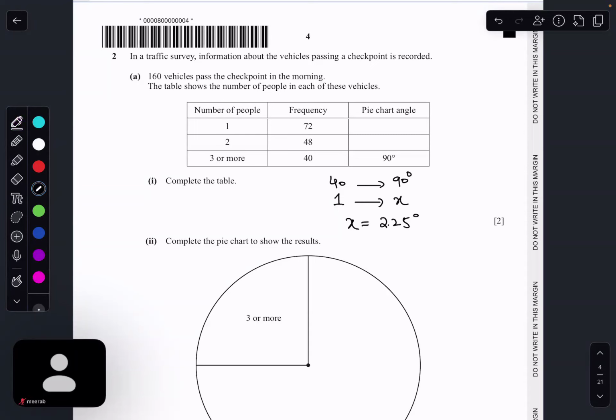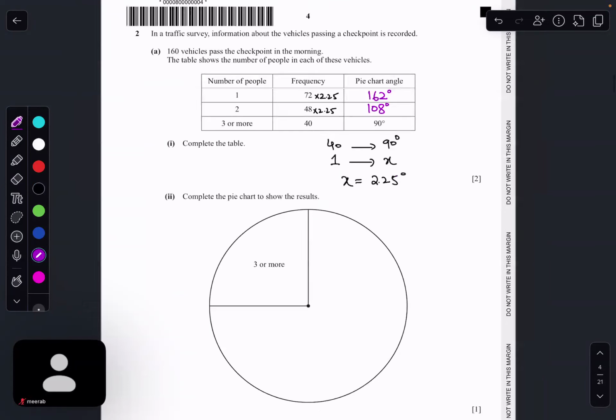So 72 times 2.25, that should be 162. And then 48 times 2.25, we have 108.